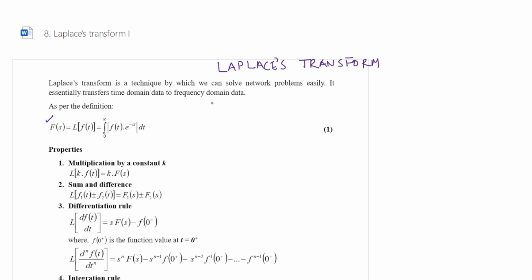So, if we have a time domain signal f(t), then if we apply the Laplace transform on this f(t), then this function will be a function of s, that is in the frequency domain. So here t represents time domain data and s represents frequency domain data.